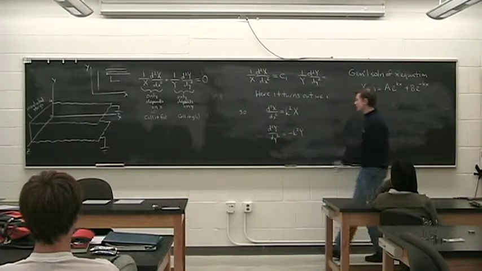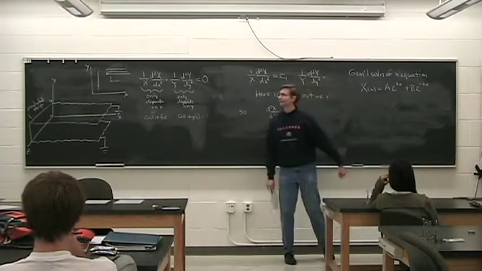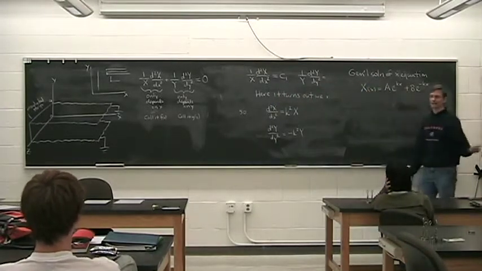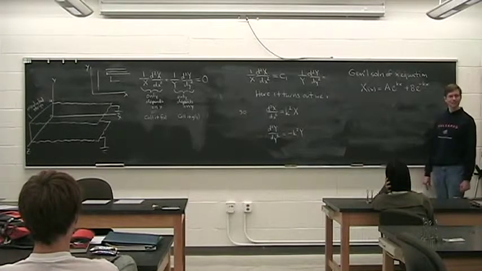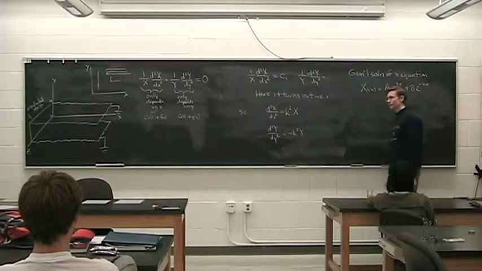Anyway, d squared Y dy squared is minus k squared Y. What would the solutions of that look like? Why, sinusoids, yes. There would be sine ky and cosine ky, both twice differentiated, give minus k squared times the original function, because sine goes to cosine goes to minus sine, cosine goes to minus sine goes to minus cosine.